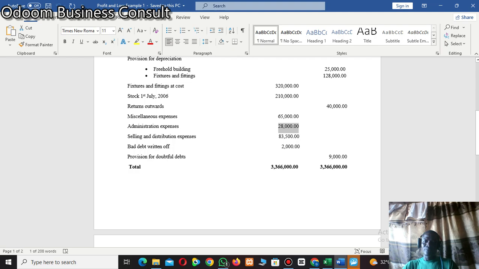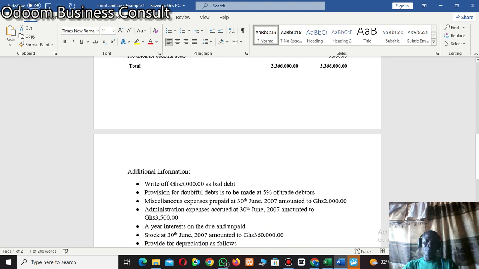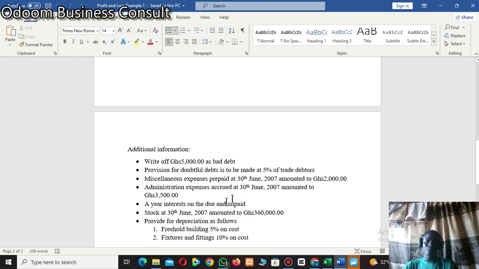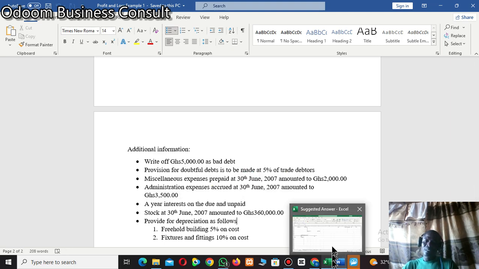Now let's go back to the question. In the additional information, we have owings for administration expenses at the end. And as I said in the explanation, owing at the end of an accounting year is part of this year's expenses, and it should be added to the one that you have paid. So 3,500 is part of this year's expenses.